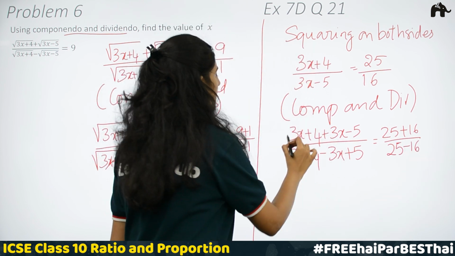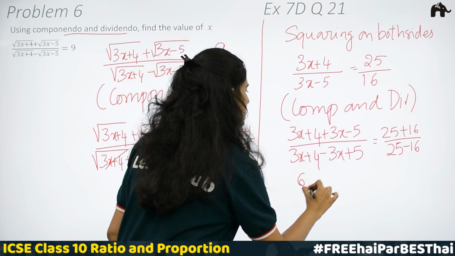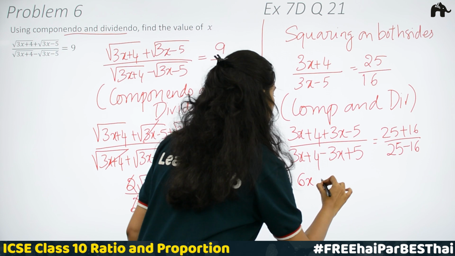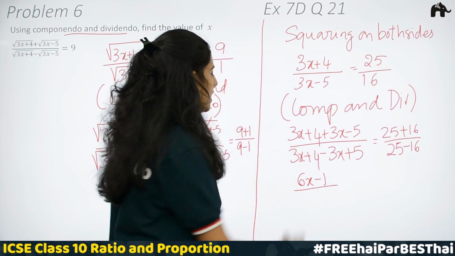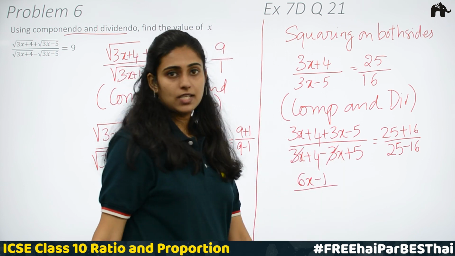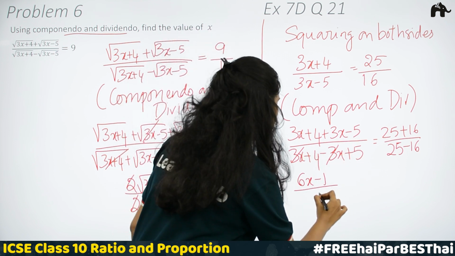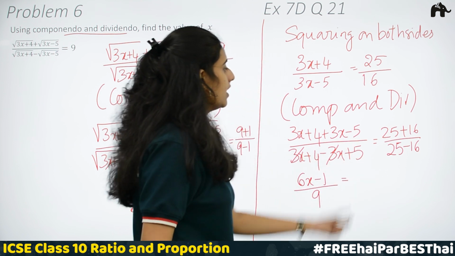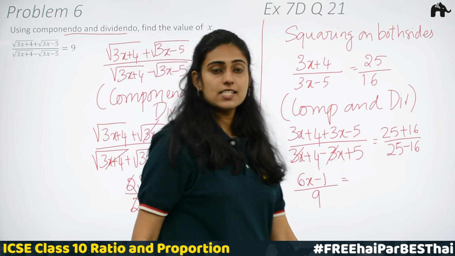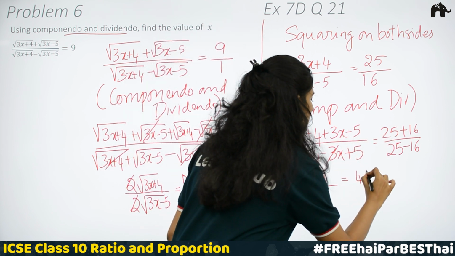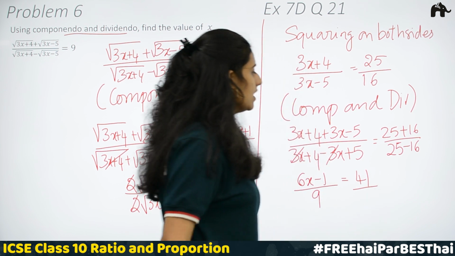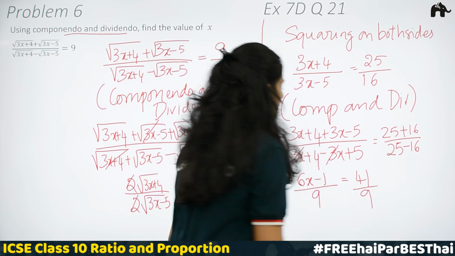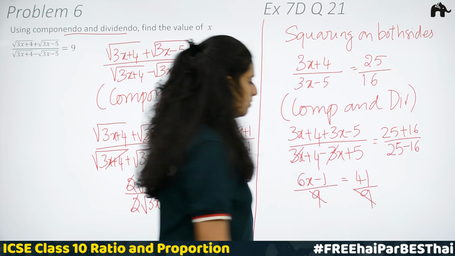Okay, 3x plus 3x is 6x plus 4 minus 5 minus 1 divided by 3x and minus 3x can be cancelled. Here we have 4 plus 5, 9 is equal to 25 plus 16, that is 41 divided by 25 minus 16 is 9. This 9 and this 9 can be cancelled.